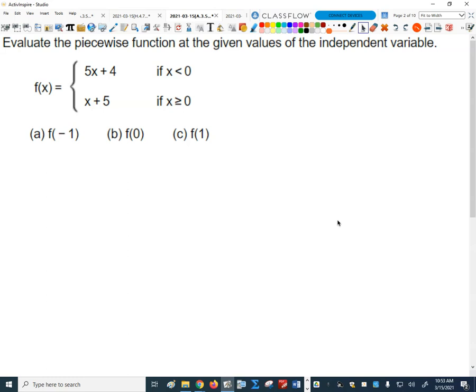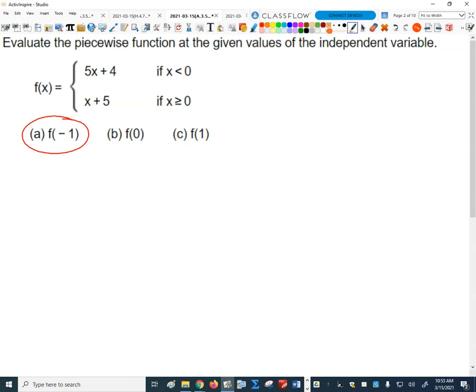Okay, so then how do we do this? Let's color code this thing. We're going to evaluate that one, and we'll write everything in red. If I want to plug -1 into my function, when you have a piecewise function, you have to determine which piece I'm plugging it into.